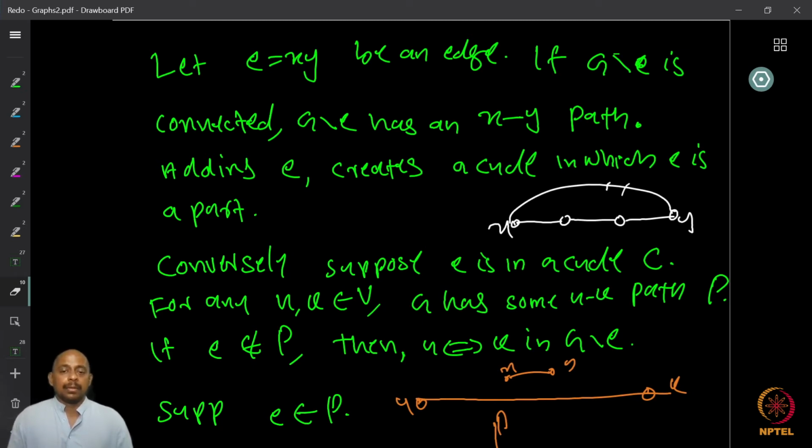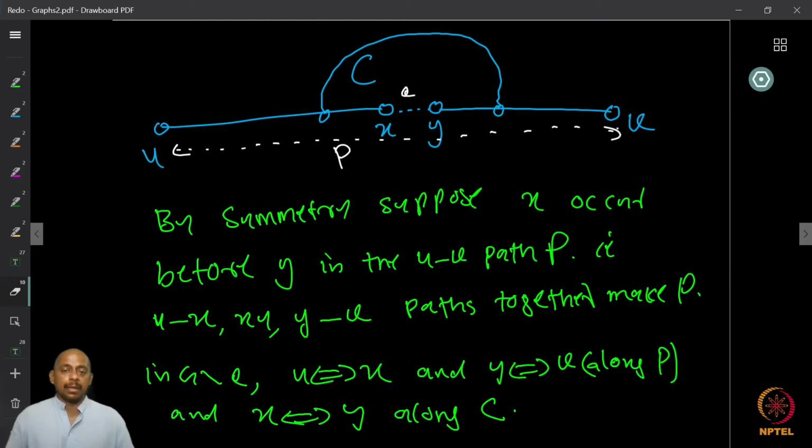Now, suppose e is part of the path P. By symmetry, we are taking an arbitrary pair of vertices u and v, there is a path, and we want to check whether u and v are connected in the remaining graph.